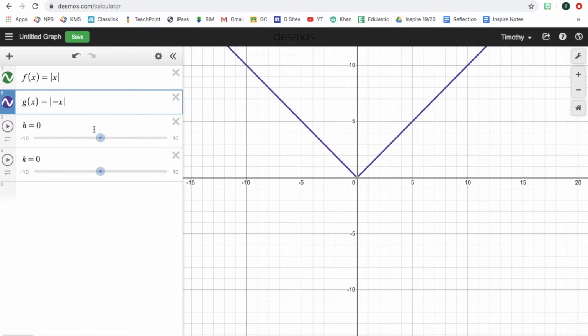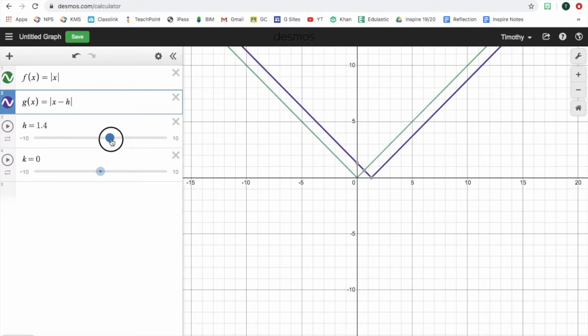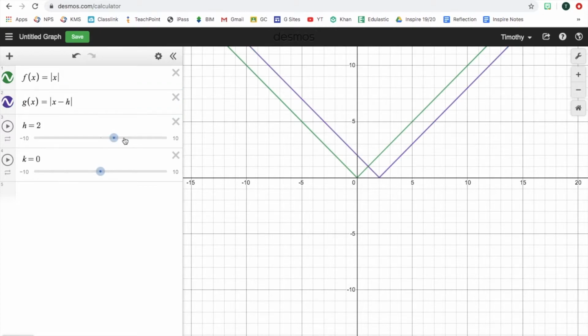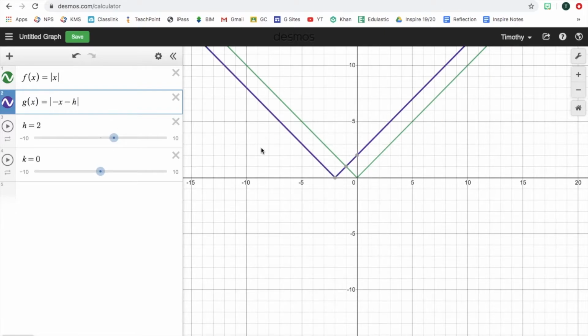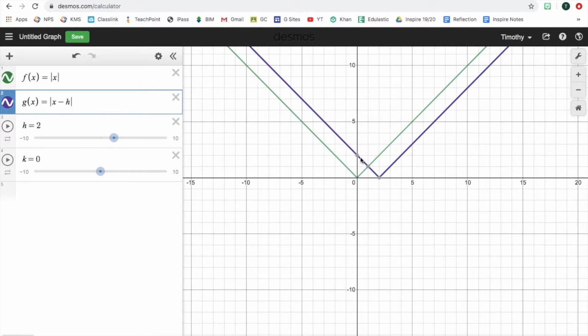Now let's say I had my h back in here, minus h. Now I move this over 2 units to the right, and if I made this negative, we now reflect the whole thing. Every point is now a mirror image. So if I delete this, we're back here.